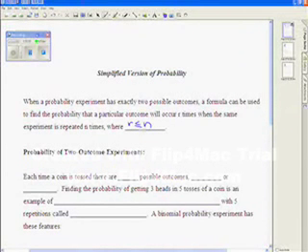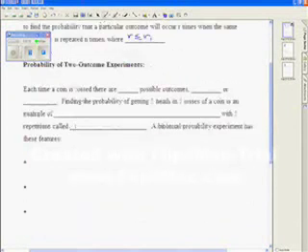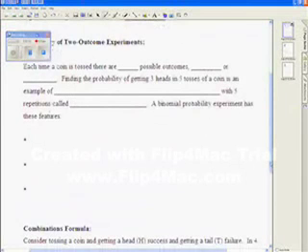Probability of two outcomes. If a coin is tossed, there are how many possible outcomes? Two. What are they? Heads or tails. Common sense? Flip a coin, heads and tails, two outcomes.